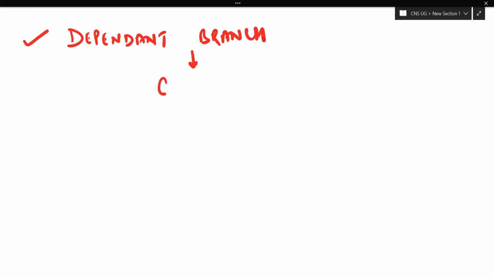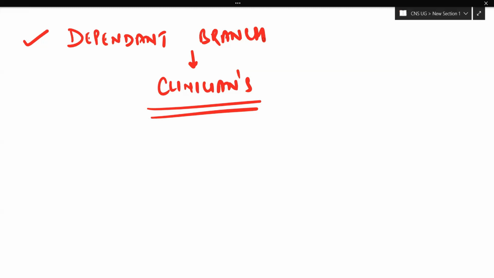So this has to be very clear: pathology is a dependent branch. What do you mean by a dependent branch? It means you have to depend on the clinicians for getting work, for getting good work. Understand what I am saying?